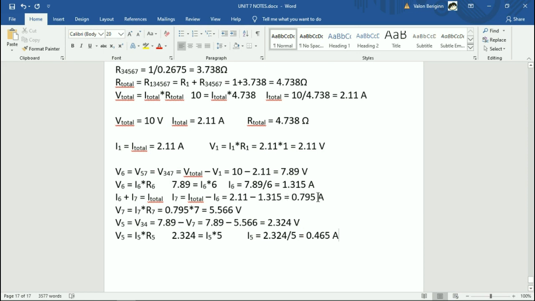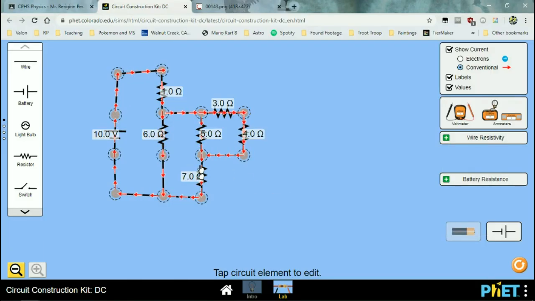I7 is 0.795. So what this means is that when we cross here, our current is 0.795. Crossing here, our current was 0.465. But again, the current from these two adds into this one. So this current coming this way plus the current coming in this way equals this current here.